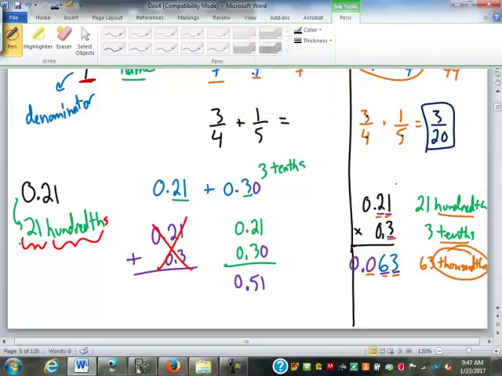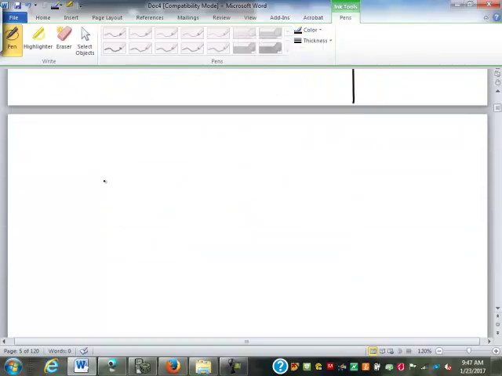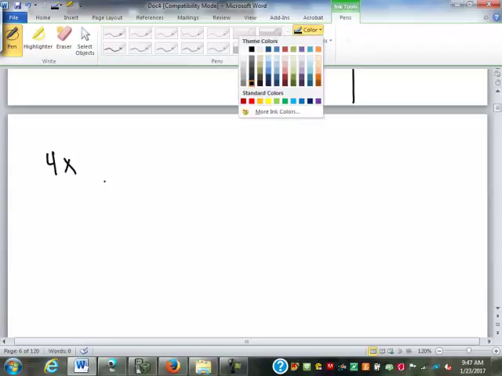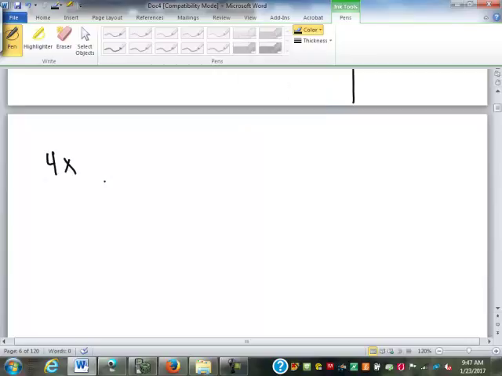And this even applies to everybody's favorite, algebraic numbers. I usually get some groans here because people hate it when letters start messing with their numbers. But 4x is just an algebraic number. You might hear fancy names like algebraic term or whatever, but it's just a number. It's just like a fraction or decimal.